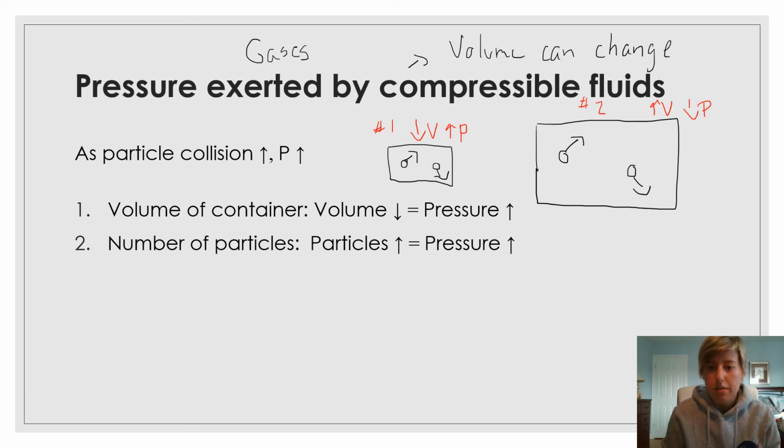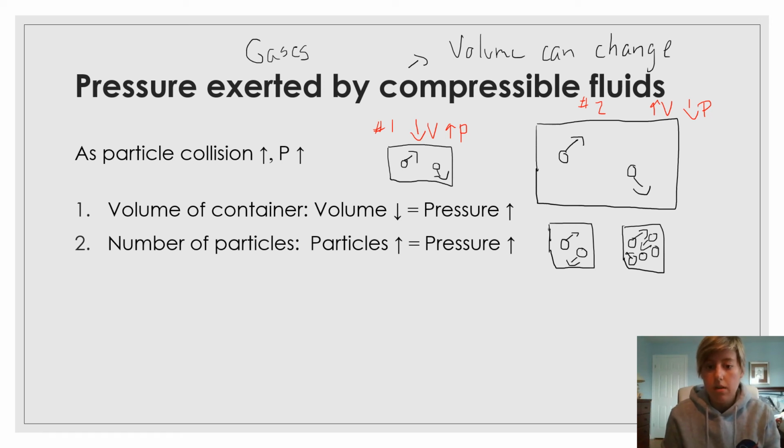So if I have 2 boxes that are the same, so if I have 2 particles in one box, and in the second box I have 5 particles, well, the box that has the 5 particles, it's going to be more likely that they're going to hit each other than the box that only has 2 particles.